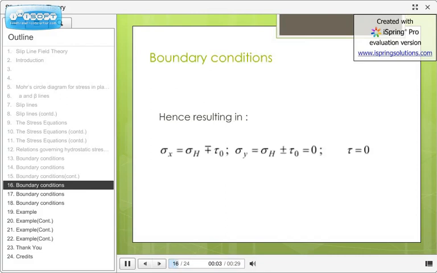Now we put phi equals plus minus 45 degrees in the equations to get the following results: sigma x equals minus p plus minus tau naught, sigma y equals minus p plus minus tau naught equals 0, and tau xy equals 0.